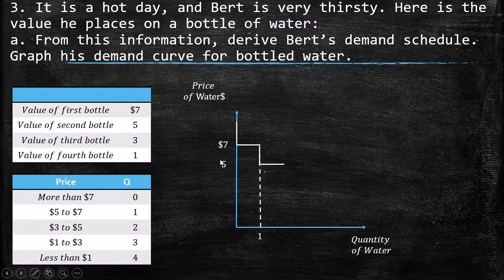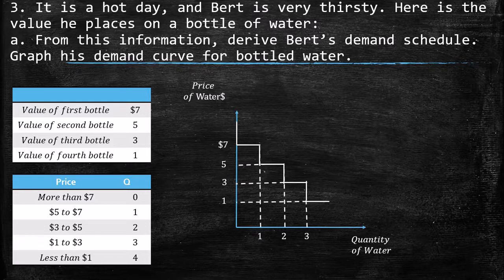When the price is 5, Bert will buy 2. When the price goes down to 3, he will buy 3, and finally when the price goes to 1, it goes to 4, and less than 1, he will buy just 4. Okay, so that's the demand curve, and this is the demand schedule.